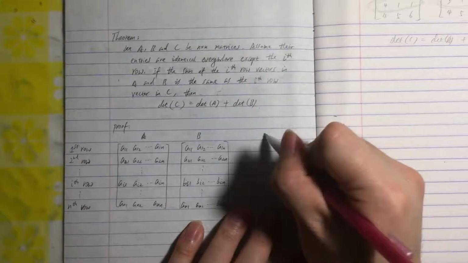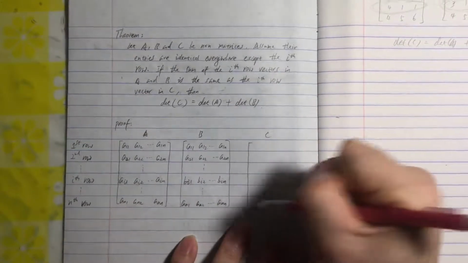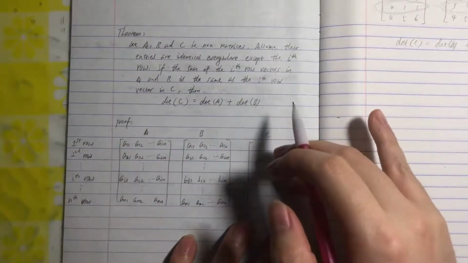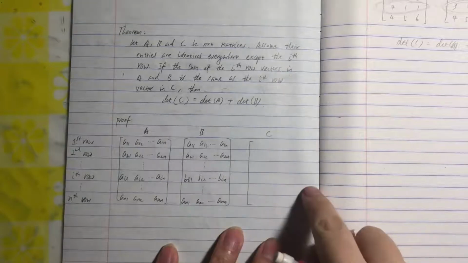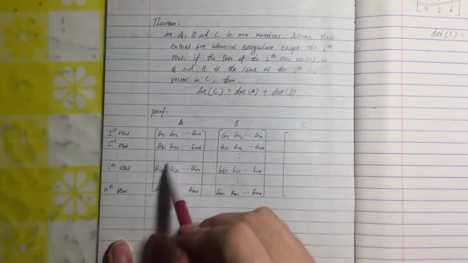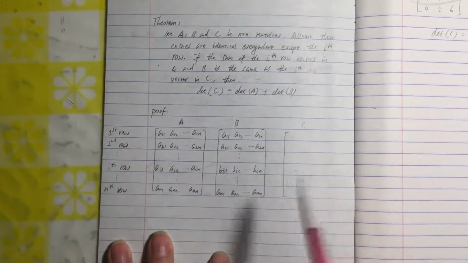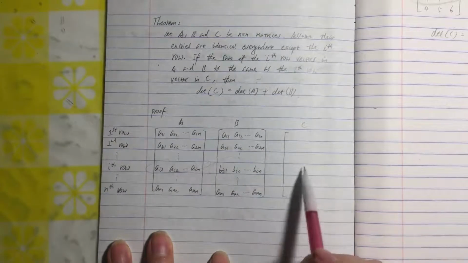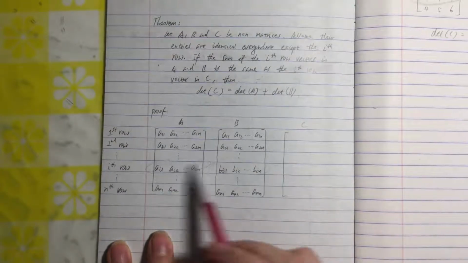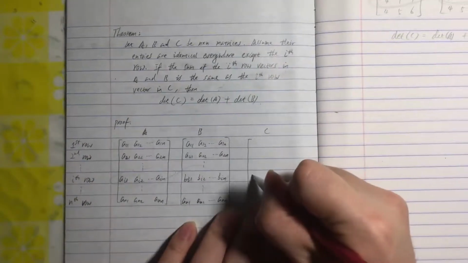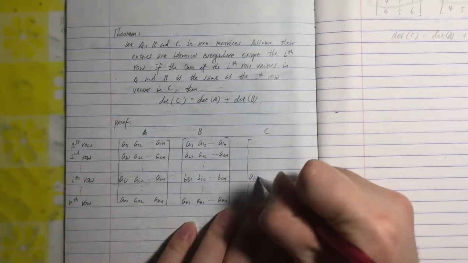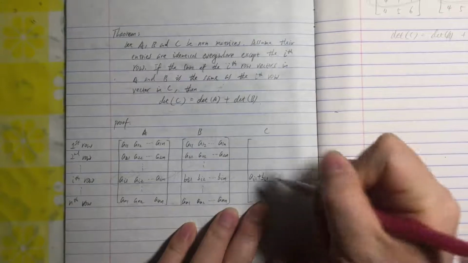And C is another matrix. It is identical everywhere except the ith row, and the ith row vector in matrix C is the sum of these two row vectors in matrices A and B. So the first entry will be AI1 plus BI1.